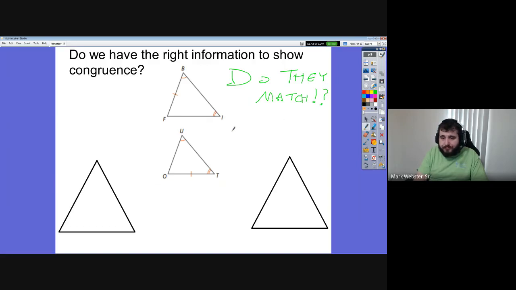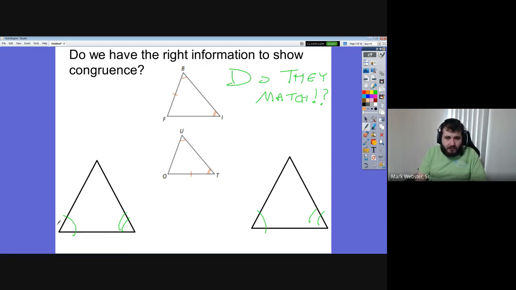Let's find out together. Let's take all of our information and put it where it goes. Put the one angle here, the two angle here, the one angle here, the two angle here. Always start off with the angles like this if we're looking for angle, angle, side or angle, side, angle. It will help, I promise.